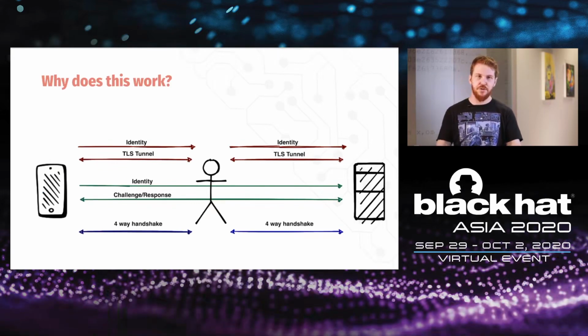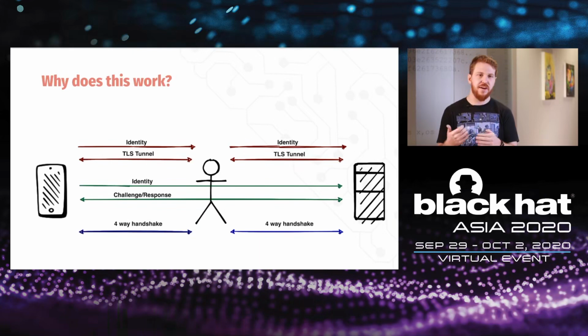Once again, we have 2 separate TLS tunnels, and we have 2 separate four-way handshakes, whereas we have 1 challenge response. So the reason this works is the four-way handshake is the bit that actually connects you to the network at the end of all this, right?